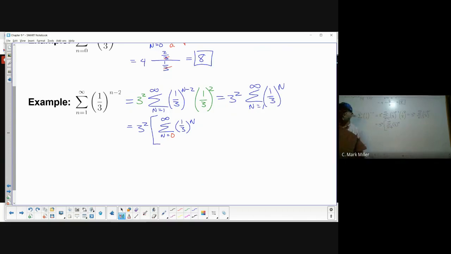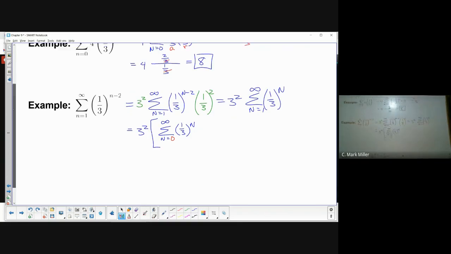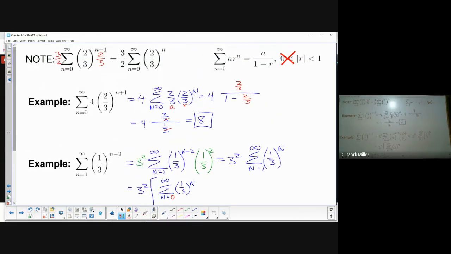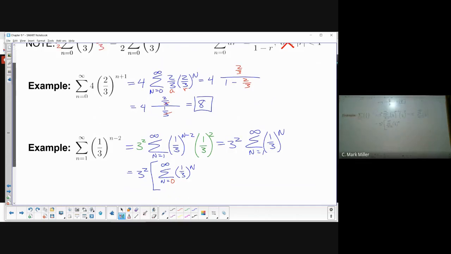Why did I put a 0 there? Because my formula up here that I'm going to apply, this is the only formula I have for geometric series, and it requires a 0. So I put a 0 there.